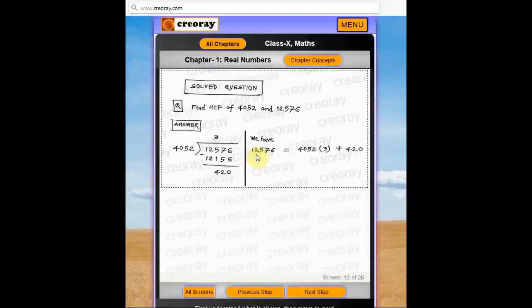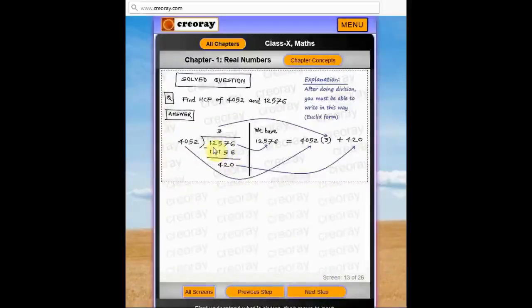You should know how to write this step in the division lemma form. So I will show you how to do it here, but I think you must have mastered this. So take 12576 equals 4052, in brackets 3, that's your quotient, plus the remainder 420.